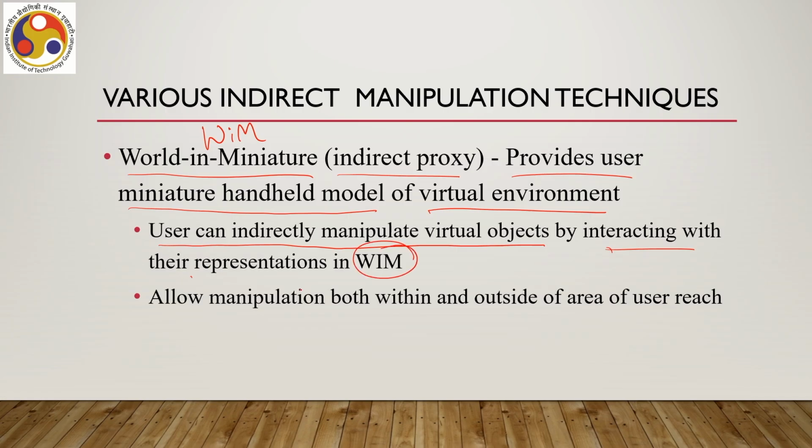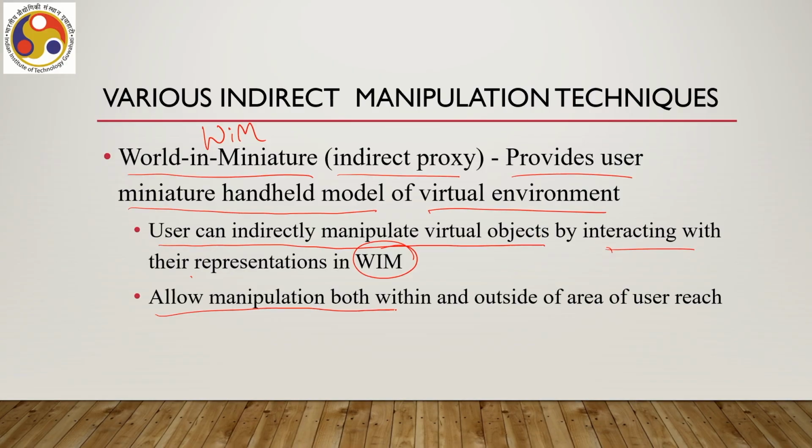So, we have a model of the virtual world which represents all objects in the virtual world. Now, if I manipulate the object in this miniature world, then the actual object in the virtual world gets manipulated. So, that is the idea.